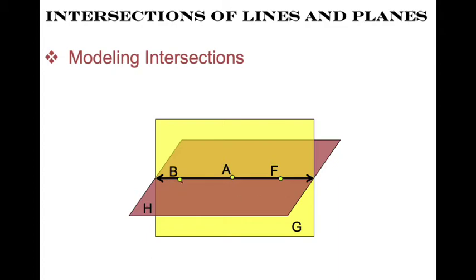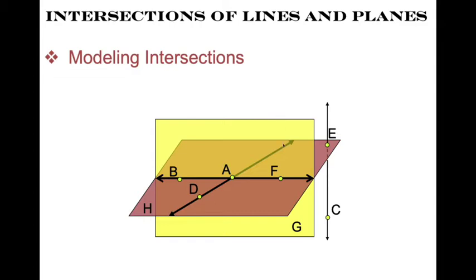Then you have a straight line, B, F, and another line which intersects the previous one at point A. So this is just you visualizing lines intersecting and planes intersecting.